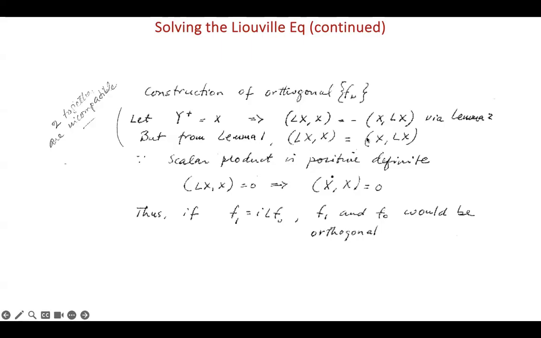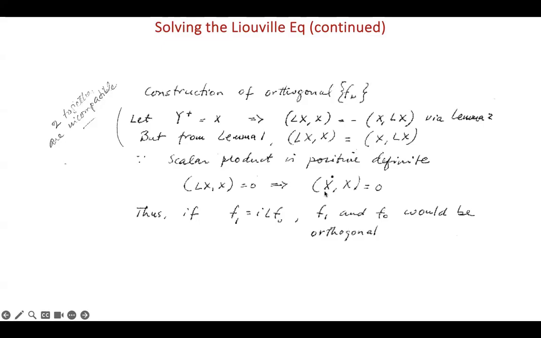To reconcile these two, the only choice I am left with is Lx comma x equal to 0, because only if it is 0 will both of these conditions, which are correct, hold. But Lx is already the same as x dot. So x dot comma x scalar product then becomes 0.